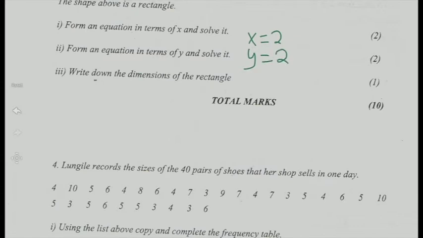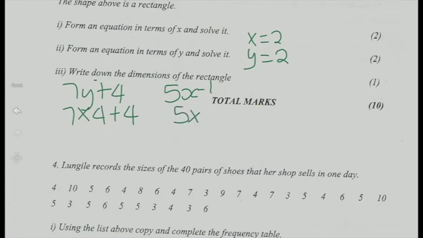The dimensions are, we have 7y plus 4, and for x, we have 5x minus 1. So let's substitute there. We have 7 times 2 plus 4. We have 5 times 2 minus 1.